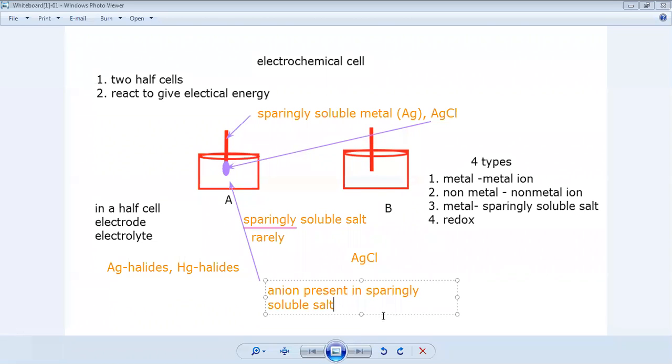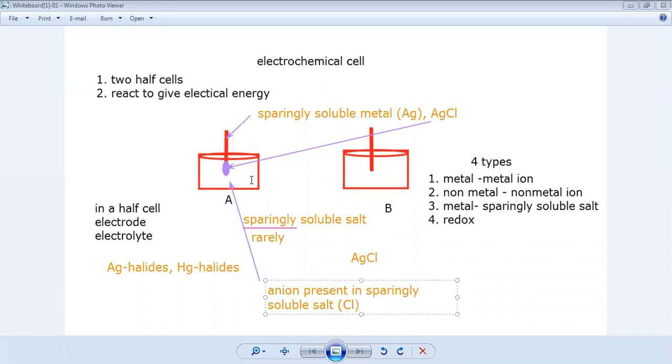Do you understand? So what will be present over here? Chloride ion, Cl minus, or you can say HCl. For example, we have done this in our previous half cell.